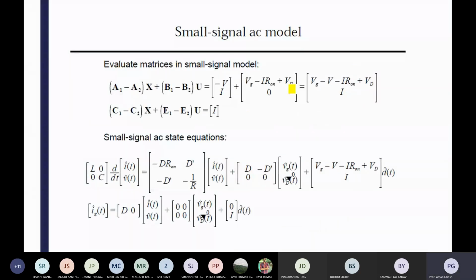Then we can go for the small signal modeling. The steady state calculation is over, so now we can go for small signal modeling. You know the basic method. First you have to calculate A1, A2, which you have already calculated in the previous calculation.